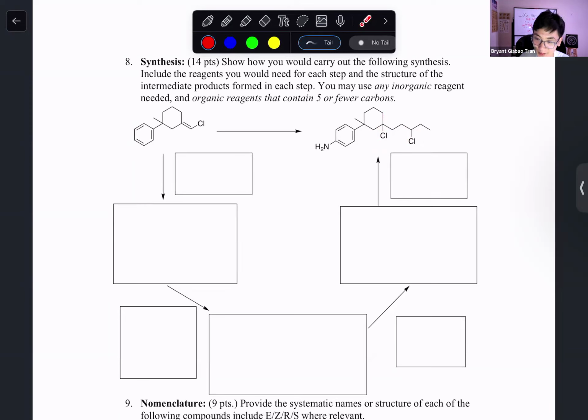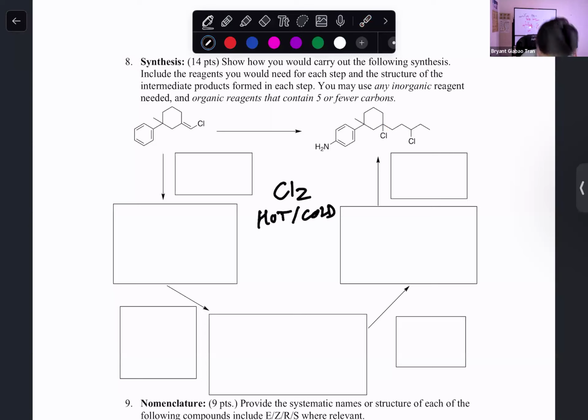Yep, it's gonna be HBr excess or Br2, but in this case, it's gonna be Cl2. So we used Cl2 here because we added 2 chlorines, right? So it's gonna be either in hot or cold conditions, right? Yes, it's gonna be cold.